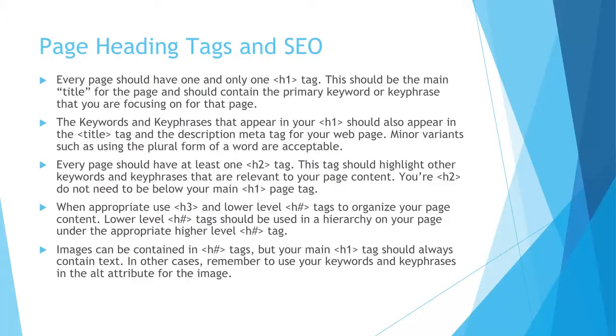So sometimes they're not really headings at all, and that's one of the reasons why Google and other search engines tend to devalue them. It certainly doesn't hurt to use them, and it definitely will not hurt to have your keywords and key phrases in those lower level H tags, but your primary focus should be on your H1s, H2s, and H3s for your page.